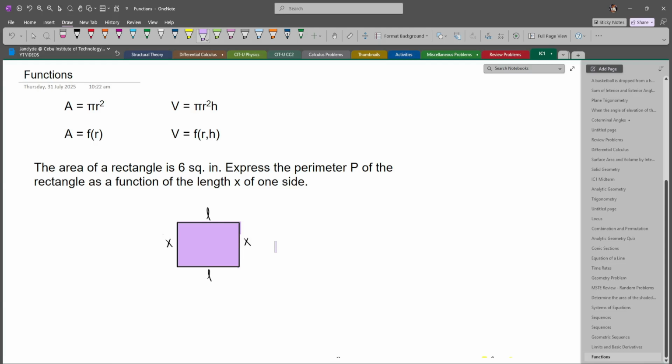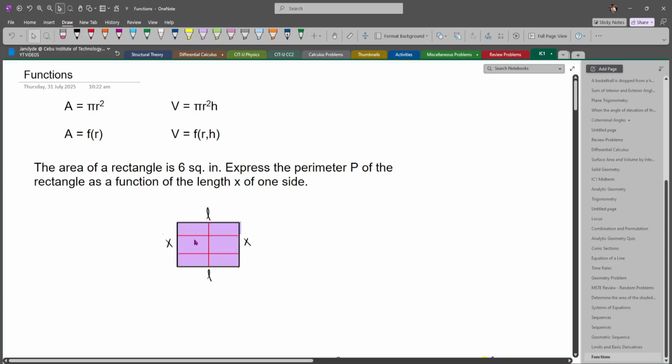So if our area is 6 square inches, then that means that the entire space inside this rectangle covers 6 squares, each 1 inch by 1 inch. So we can now divide this. Let's say we have 6 portions, each with an area of 1 inch by 1 inch. Just imagine that this is symmetrical. But 6 inches is quite absurd for a basketball court, so realistically, perhaps this is just a miniature.